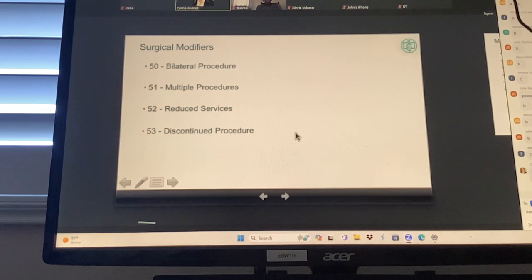So the surgeon can't code his CPT code for the surgery with this modifier because the surgery didn't start. But if he's in the middle of the surgery, or he's already started the surgery, and the blood pressure goes too low or too high and they have to stop, then you can code the CPT code for the surgery with the modifier 53.